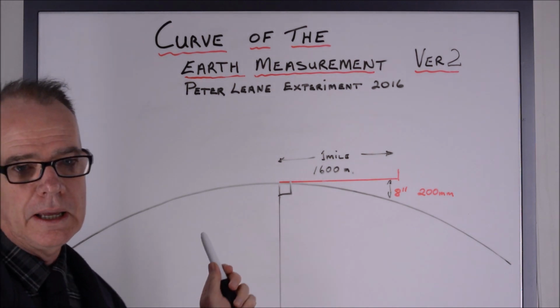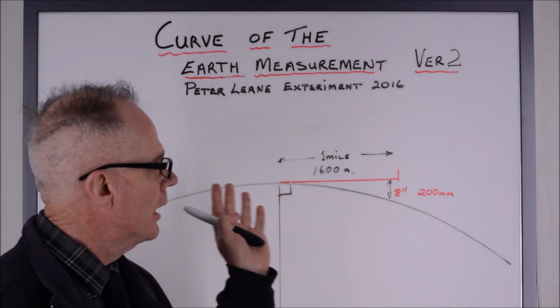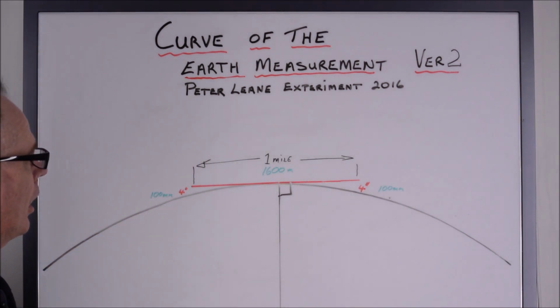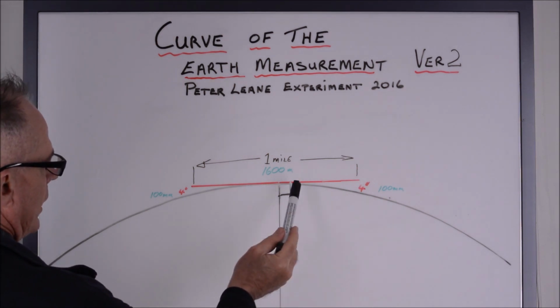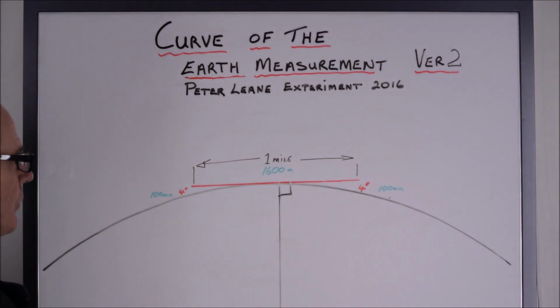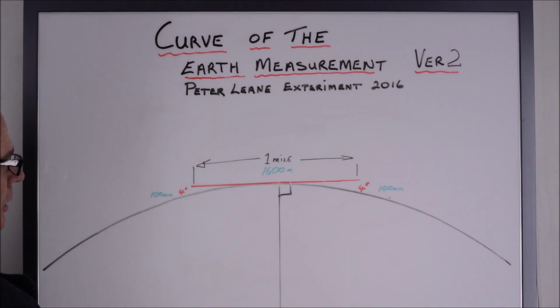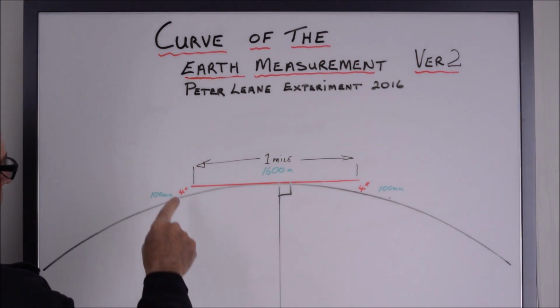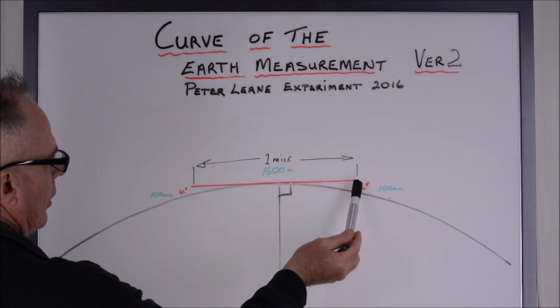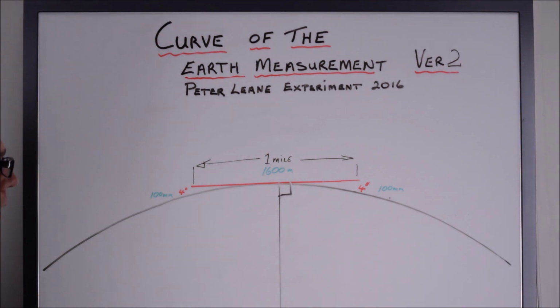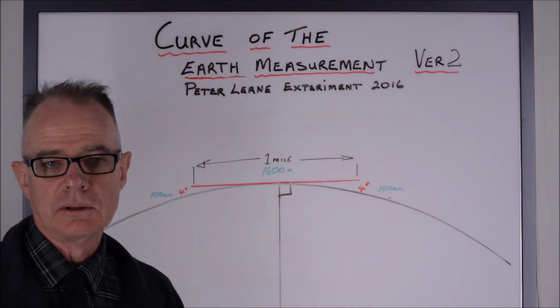So let's move on to the next stage of the concept: let's move the tangent so it pivots in the middle. So we have half a mile on either side, or 1,600 metres in total. Our drop will be 4 inches, or 100 millimetres.